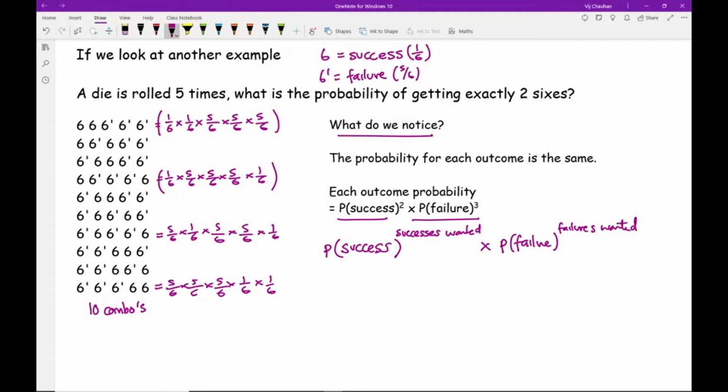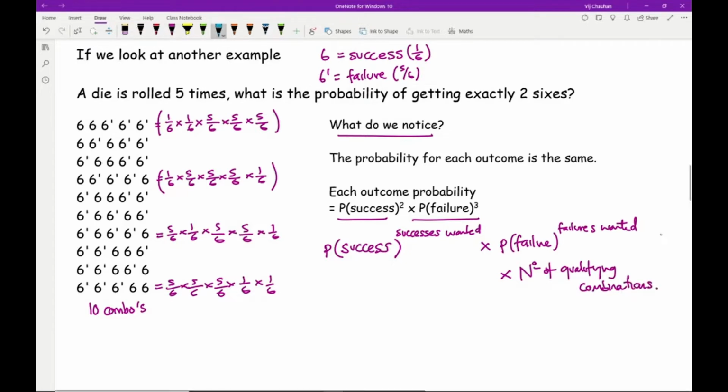And obviously then, because I've got 10 different combinations, what I then need to do is multiply all of that by the number of qualifying combinations, which in this case is going to be 10.